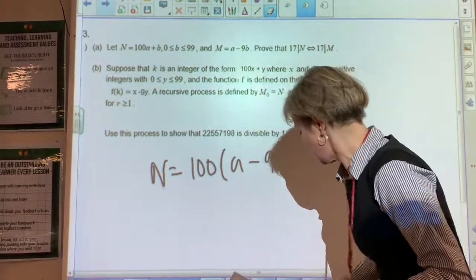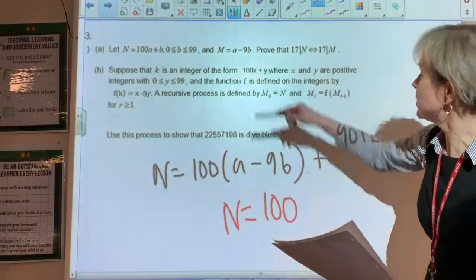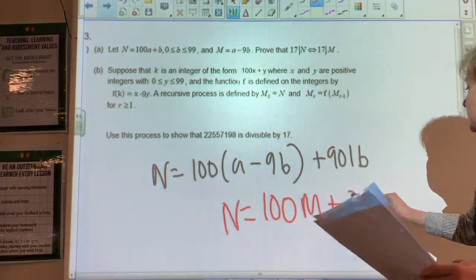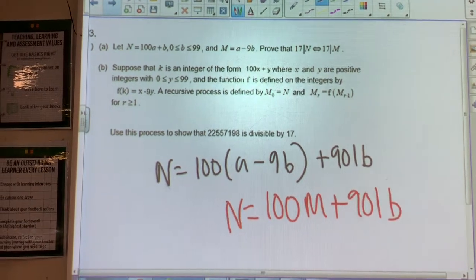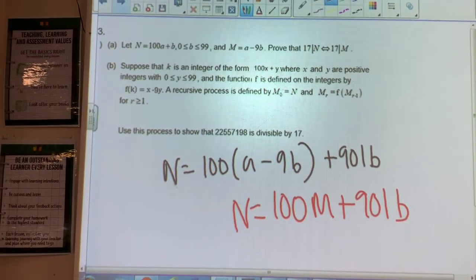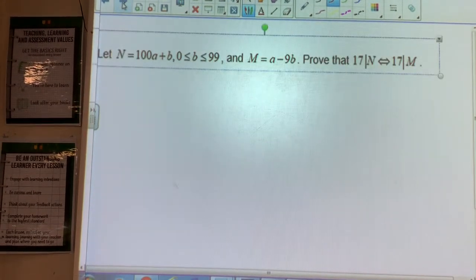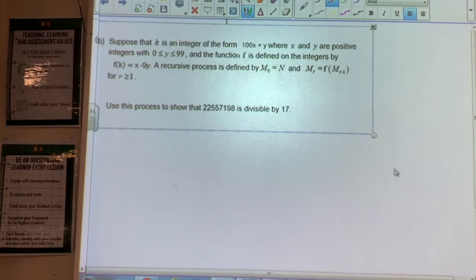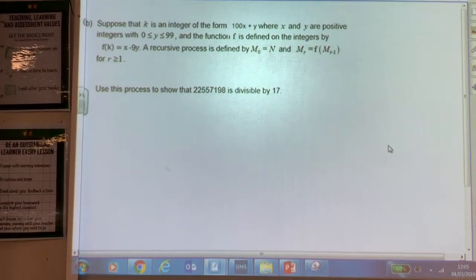So the way that you would connect them is n is 100m plus 901b. So that's a way, if they're not going to tell you how they're connected. But we've done loads of those, so we're going to go straight to part B and show you how it works when it's slightly different, and they're going to get you there much, much quicker.